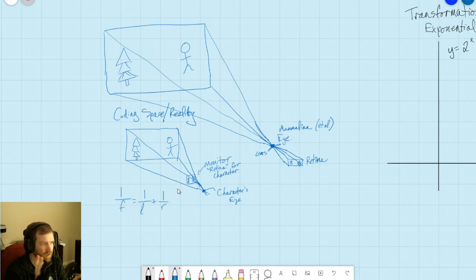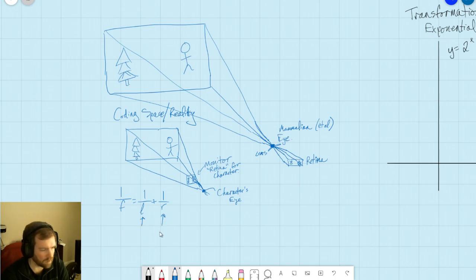Well, this is a thin lens formula, so that may not apply to actually this situation, of course, because we're not doing the actual lens thing. Let's see.